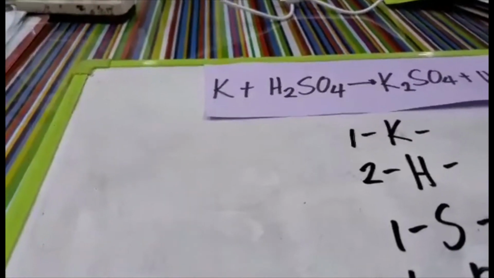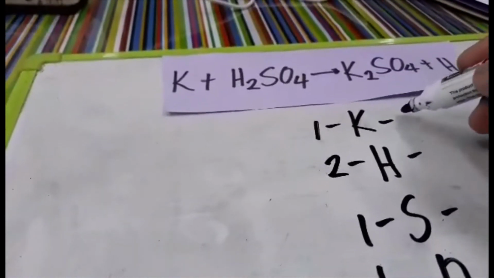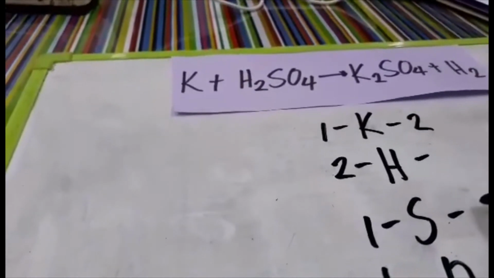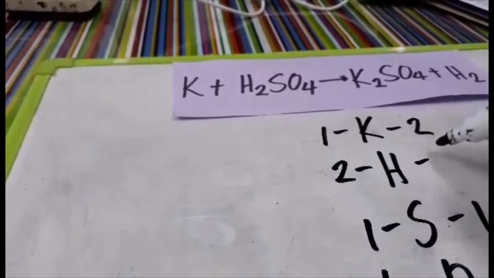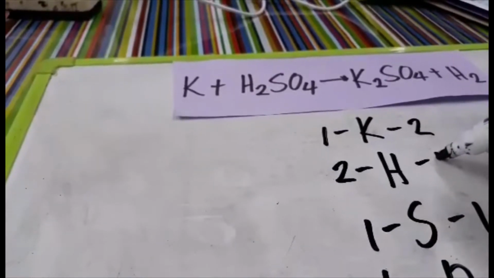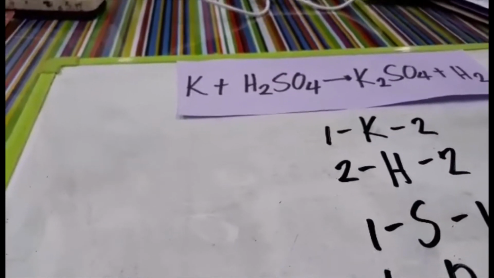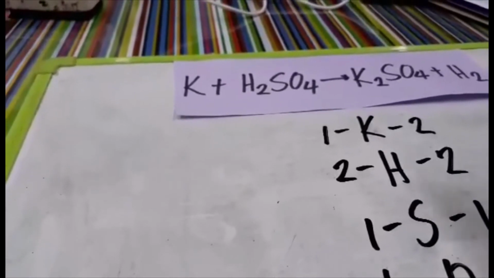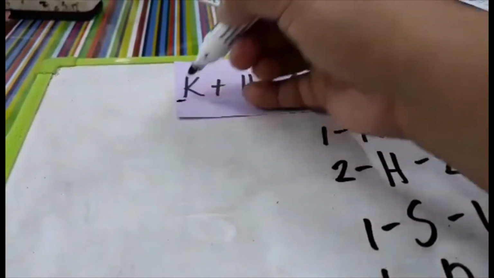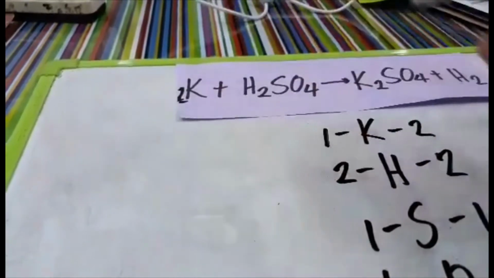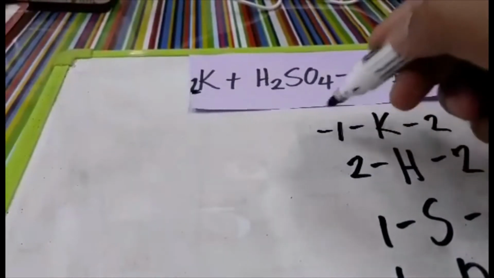For our product, potassium is 2, sulfur is 1, oxygen is 4, and hydrogen is 2. So it's very basic that potassium is the only element which is not balanced. So what are you going to do? We have to use the coefficient number 2. So potassium becomes 2.